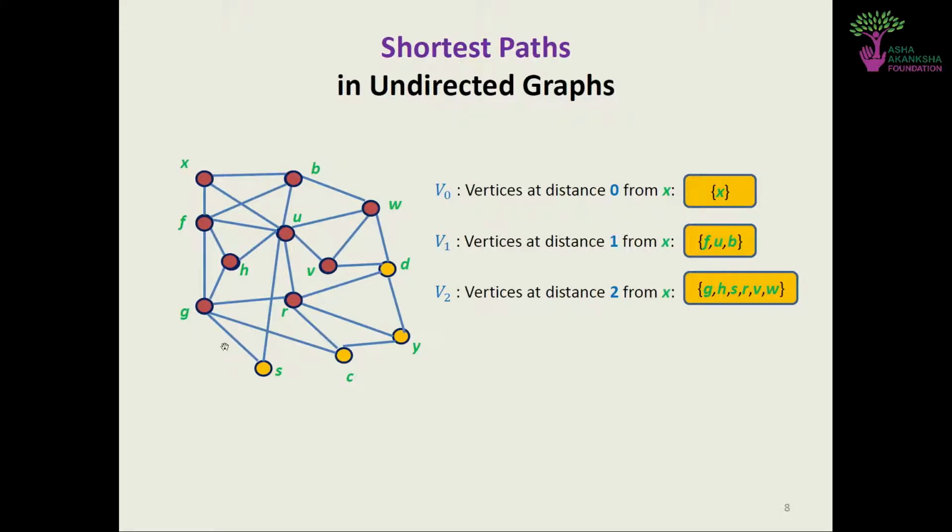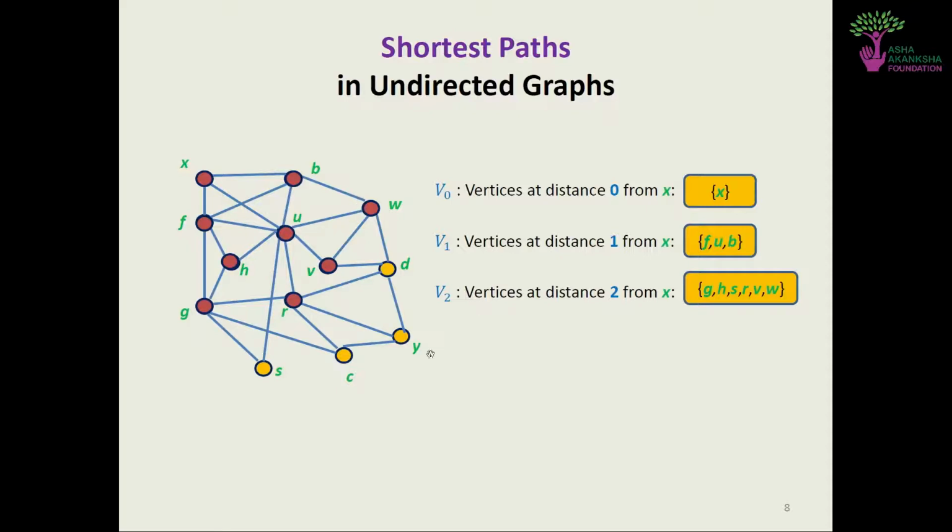Amongst these, x was part of v0, b was part of v1, and u was part of v1. Excluding these, which came earlier, the remaining ones were g and h. These two vertices will be part of v2. So in this case also, you were able to find that g and h were part of v2.